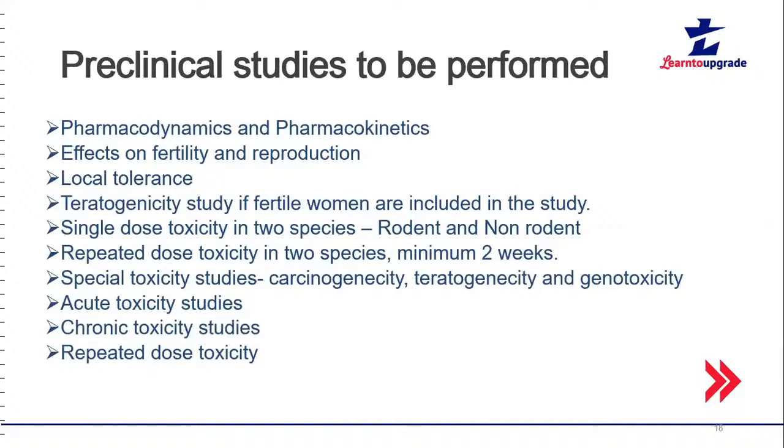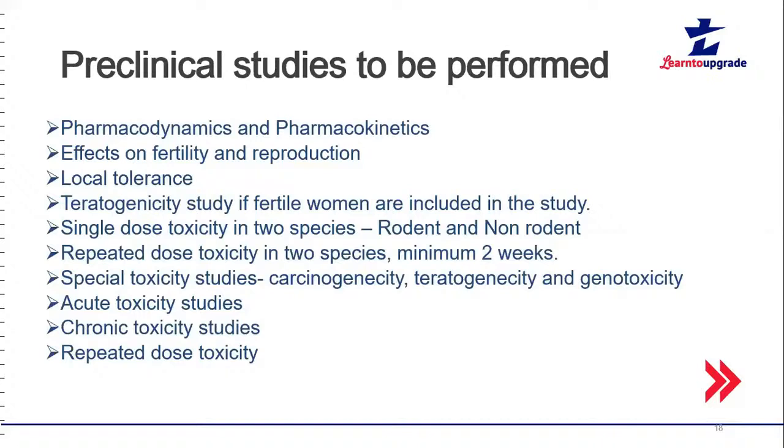Single dose toxicity in two species, rodent and non-rodent. Rodents are basically mice, rats, all those, and non-rodents are mainly mammals. So we are doing a mammal study. Repeated dose toxicity also, in more than 2 weeks when we are giving a drug, we are actually doing a kind of chronic testing study or repeated dose toxicity study.